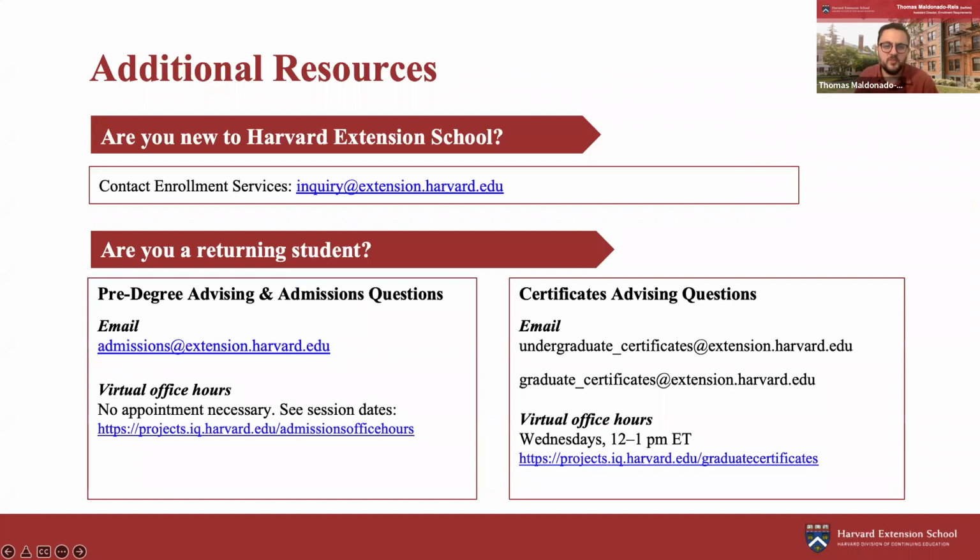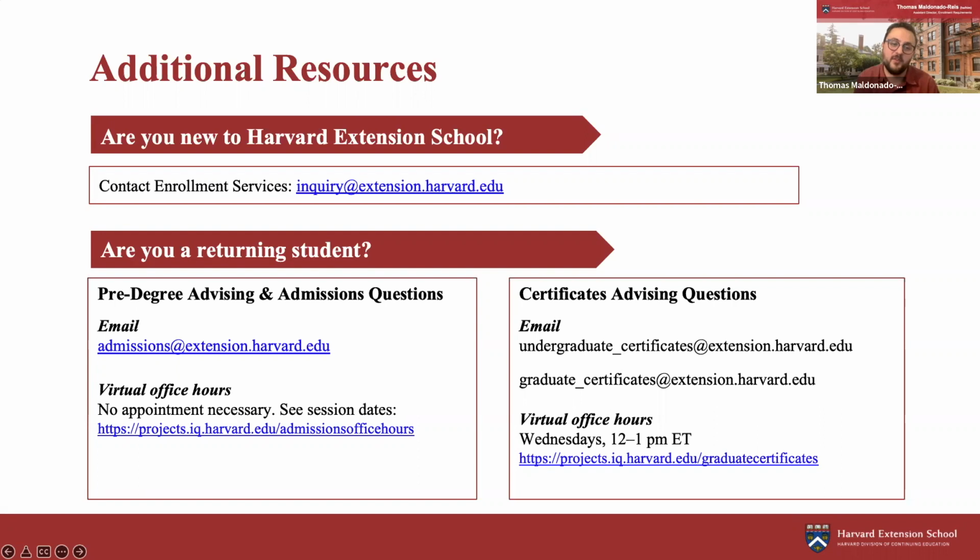Some additional resources, because I do see questions about programs more generally, and some issues not necessarily related to enrollment requirements. If you're new to Harvard Extension School, we have an enrollment services staff. They are your generalists who are able to answer questions about really everything. You can reach them at inquiry@extension.harvard.edu.